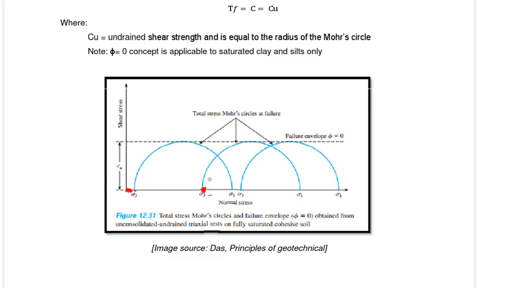So, it increased. So, our stresses increased. So, once the cell phase is completed, our shear phase starts by increasing the vertical stress that is applied to our specimen.